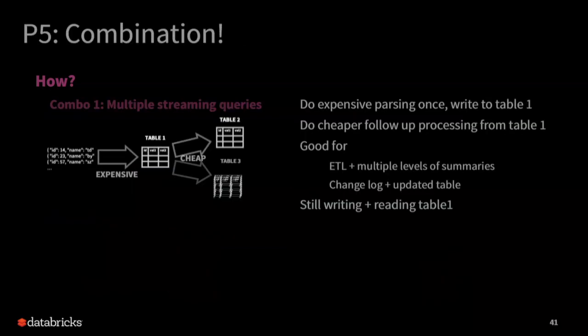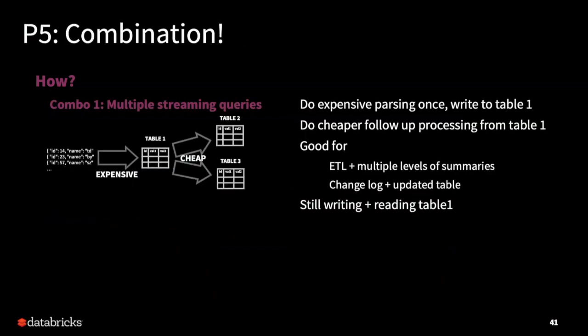So typical workloads look like some combination of these two. And there are, at a high level, two ways possible to combine serial and parallel together. One is to figure out what is the initial parsing or the expensive step, do that first, write it out to table 1, so that reading from table 1 is much cheaper and faster, and then from there you can fan out to multiple streaming queries reading the necessary parts of table 1 to compute other tables.